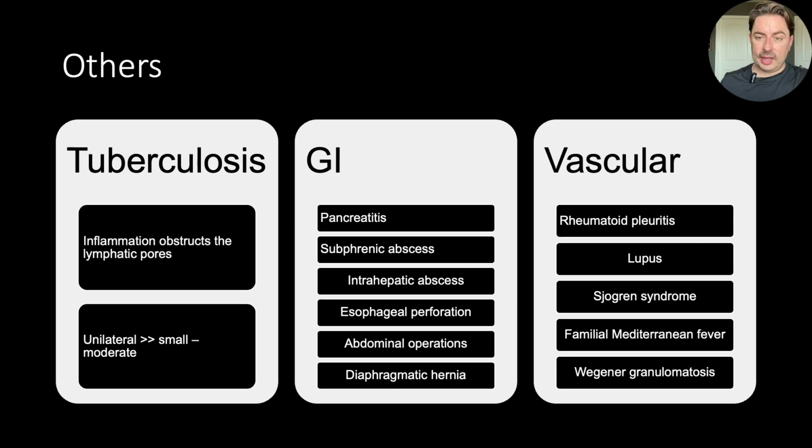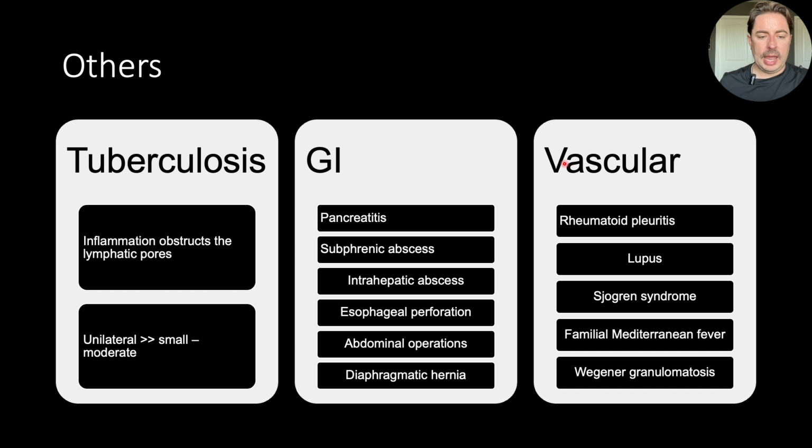Other origins of a pleural effusion: you can have a pleural effusion from tuberculosis. You can have one from some sort of GI impact and vascular.